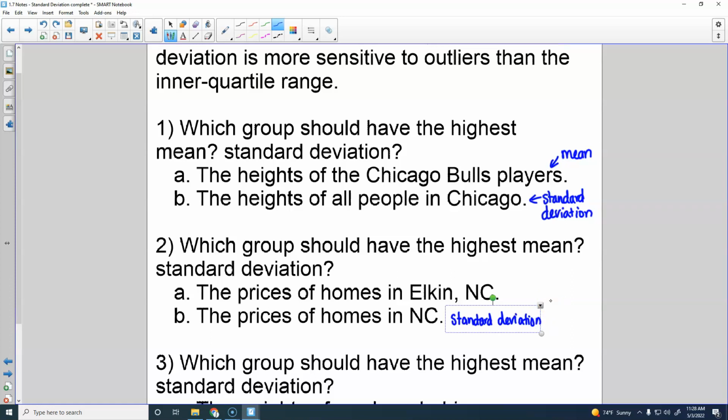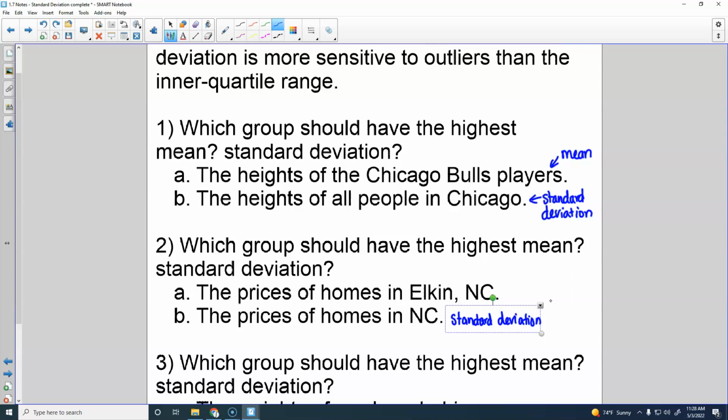I don't know. If Elkin was a place that was clearly richer than other places or clearly poorer than others, then we could make a decision here. I am not sure how Elkin compares to the rest of North Carolina.